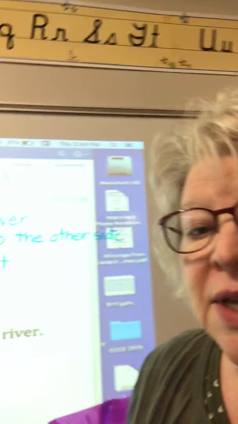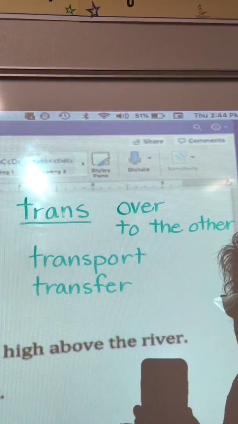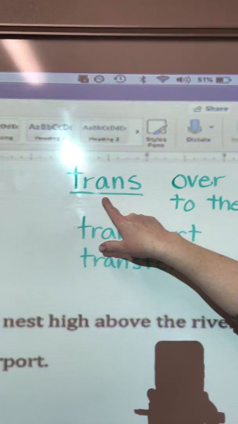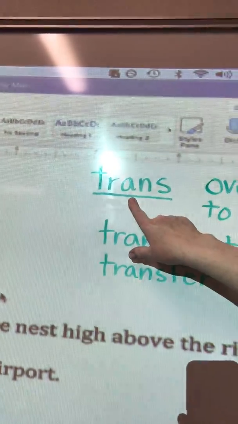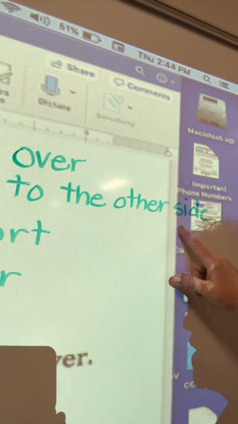Now let me talk to you a little bit about the verb when you have a direct object and it's using pattern 2. We're going to call our verb verb transitive, and it comes from Latin. You had to know that, didn't you? In Latin, trans means over or to the other side.